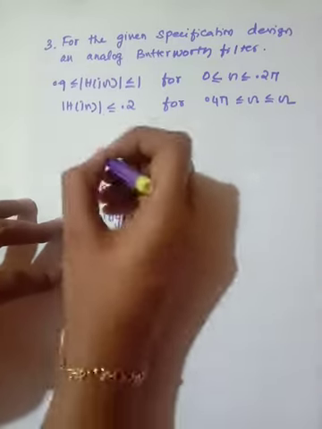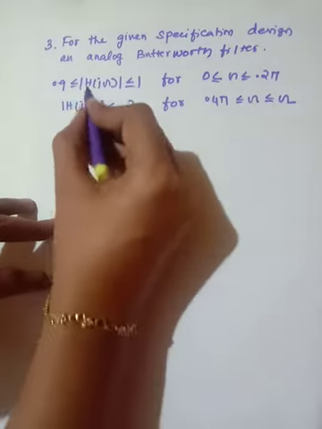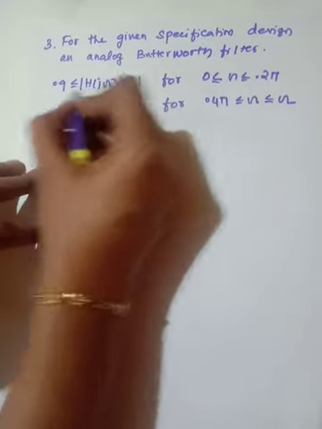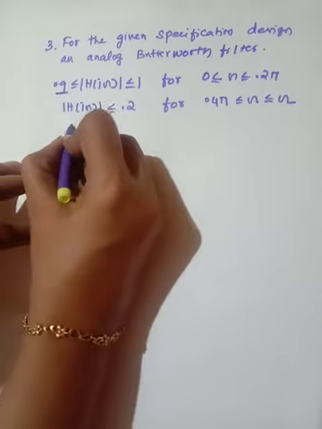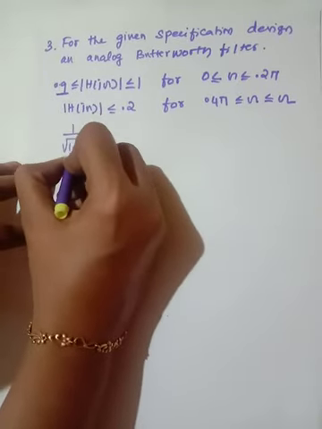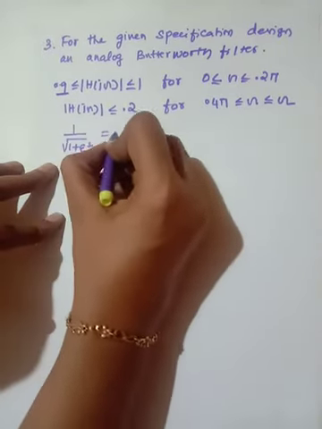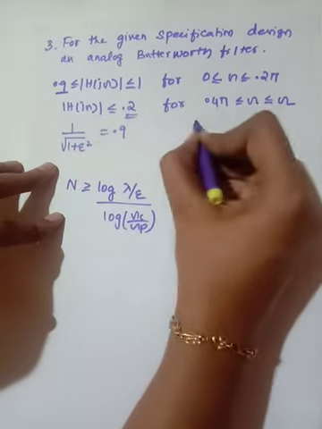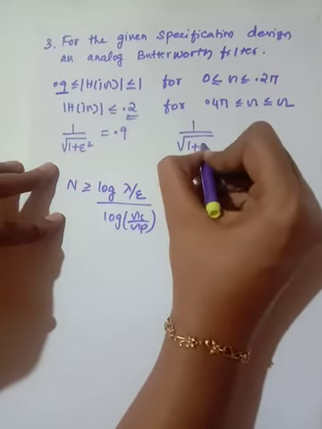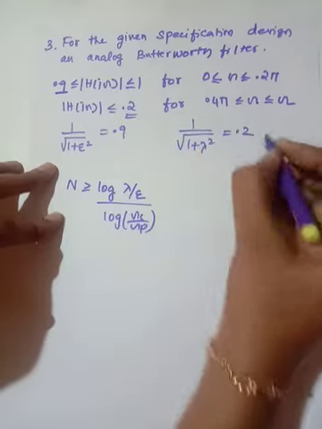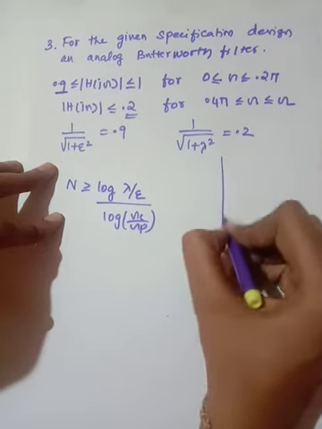Okay, so here what we have to do is equate the ripples. What we are going to consider is 1 by square root of 1 plus epsilon square equal to 0.9, and 1 by square root of 1 plus lambda square equal to 0.2. So what is the meaning of this?